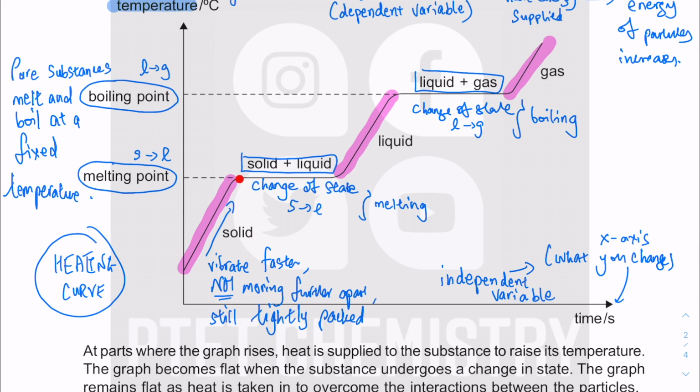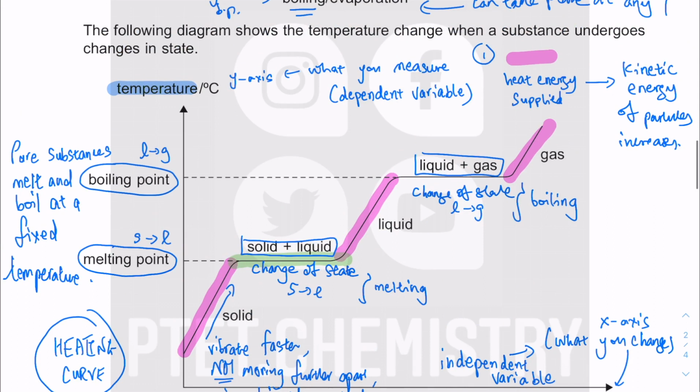This is the start of the melting point. At the start of the melting point, you start to melt. When you start to melt, you don't straight away become liquid. Your solids start to melt, your change of state is happening, and your temperature is not changing. Why is your temperature not changing?